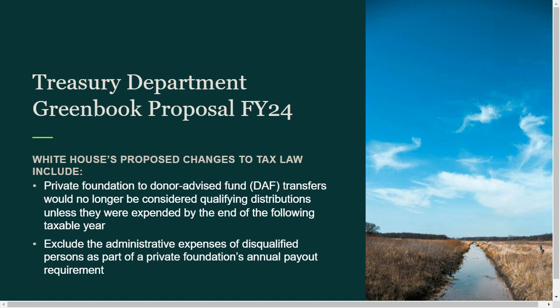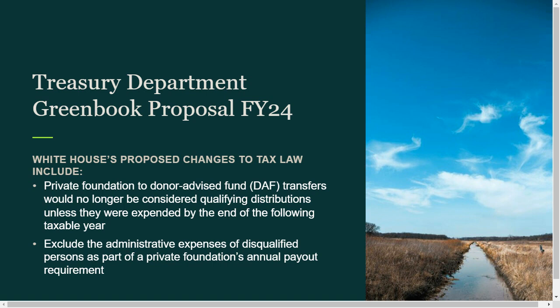So private foundations, as you are aware, in general are required to distribute at least 5% of the total fair market value of their non-charitable use assets from the preceding taxable year. Otherwise, they're subject to a 30% excise tax on the undistributed amount.